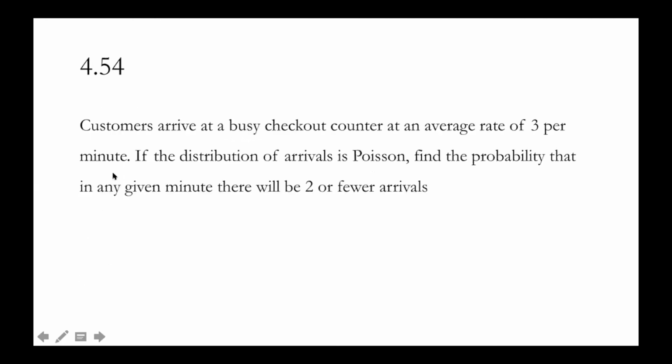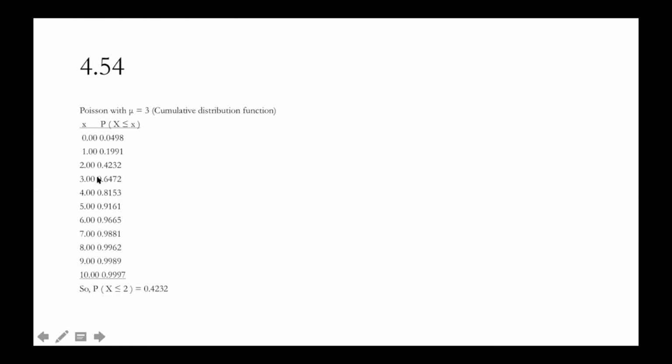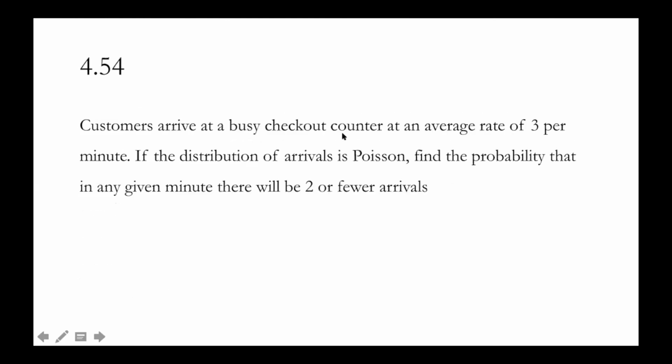And then the question is, find the probability that in any given minute, there will be 2 or fewer arrivals.